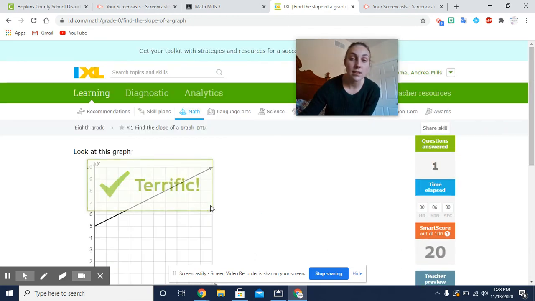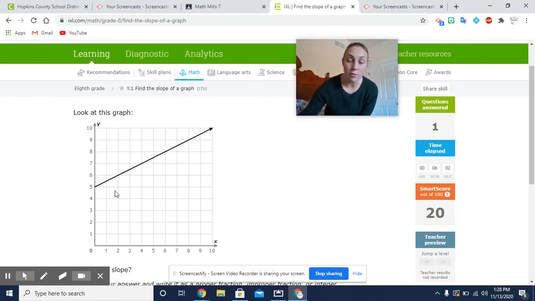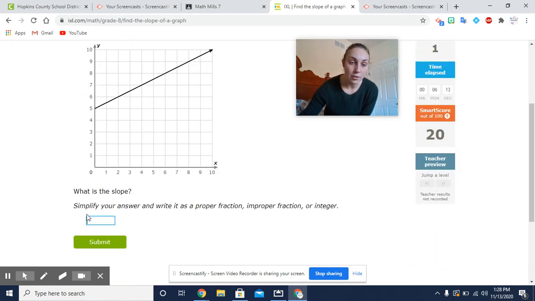So you'll hit submit. And then we do the same thing. We find 2 points on this graph. So we have a first point right here, and the second point is about right here. So again, the numerator is how many times we rose. We rose 1 time. So our numerator is 1. And we'll hit that slash. And then once we have that 1, we count how many times to the right we moved, which was 1, 2 times.